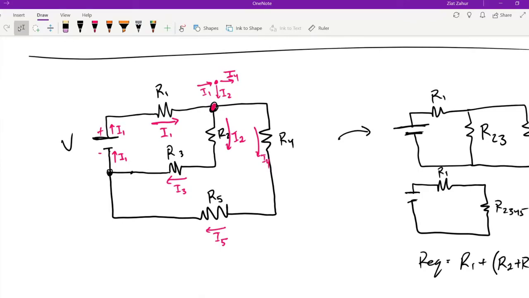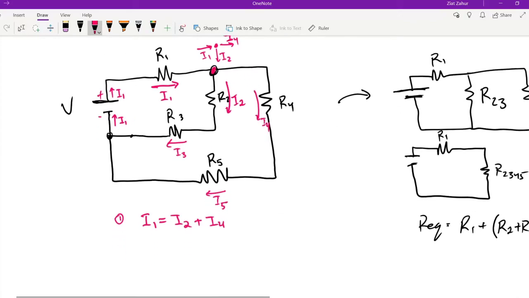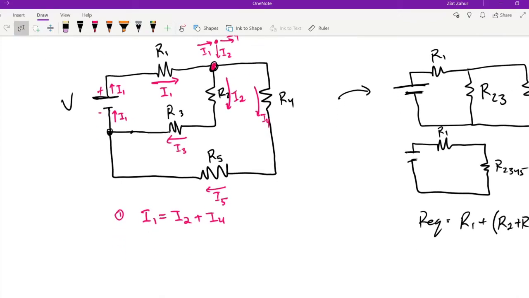Alright, so our junction rule gives us I1 is equal to I2 plus I4. Okay, and based on the fact that some of these are series, we can kind of simplify our currents.